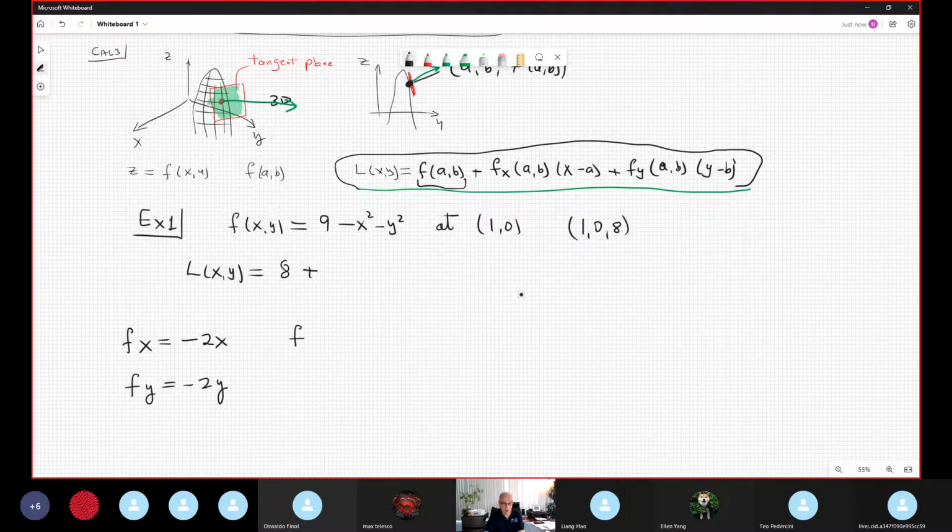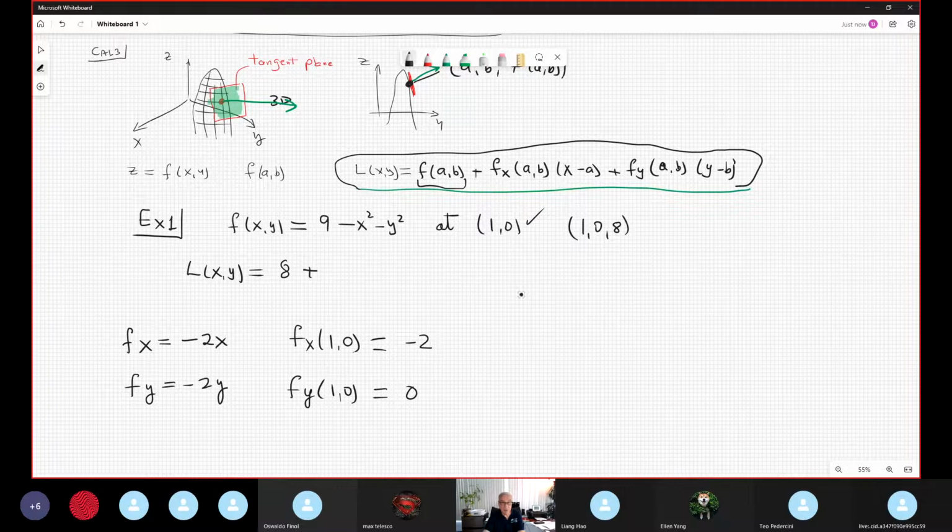But you evaluate the partial derivative with respect to x at the point (1, 0), and the partial derivative with respect to y at (1, 0). And we get, let me see, plugging in x equals 1, it is negative 2. And plugging in y equals 0, this is 0. Ooh, it's 0.